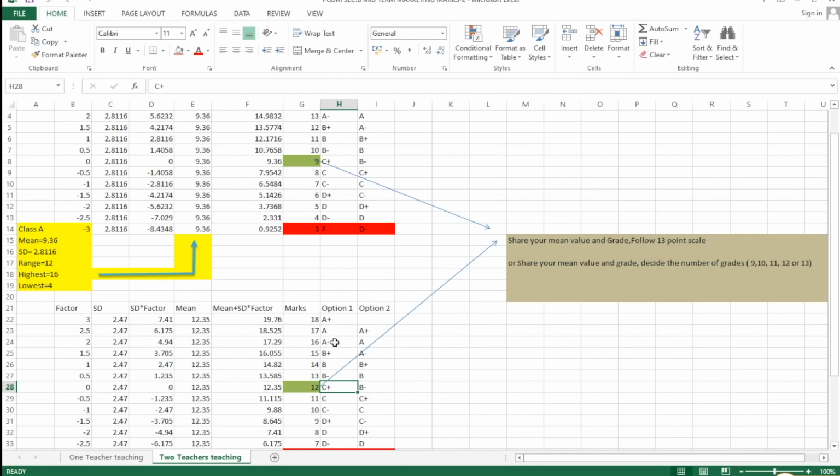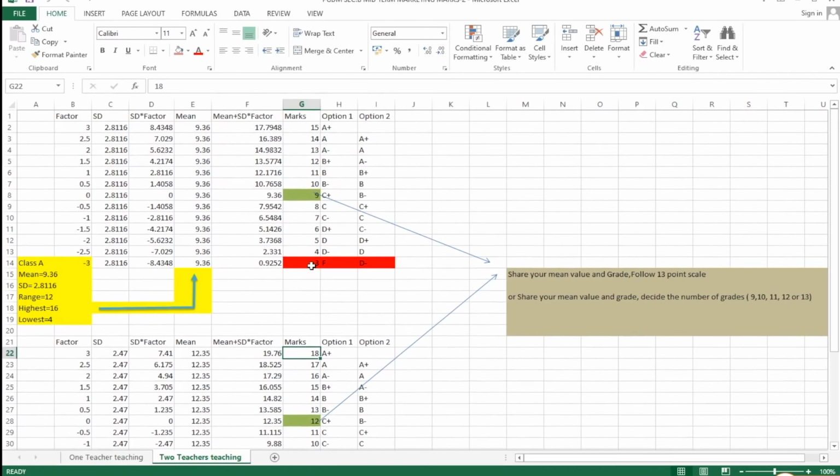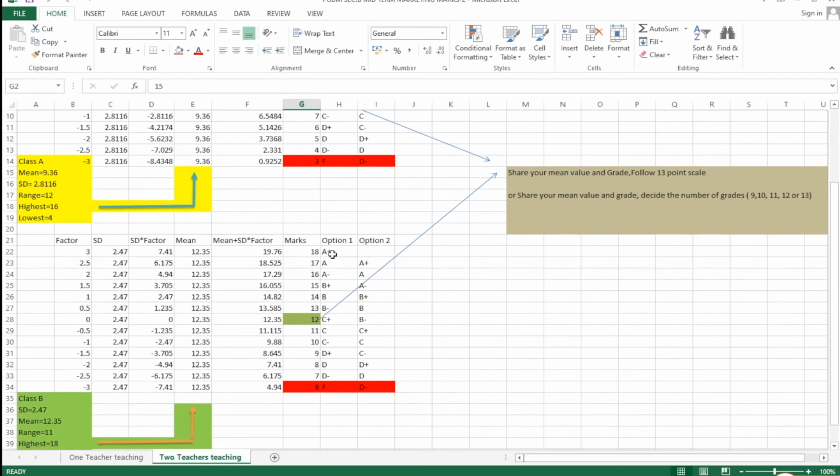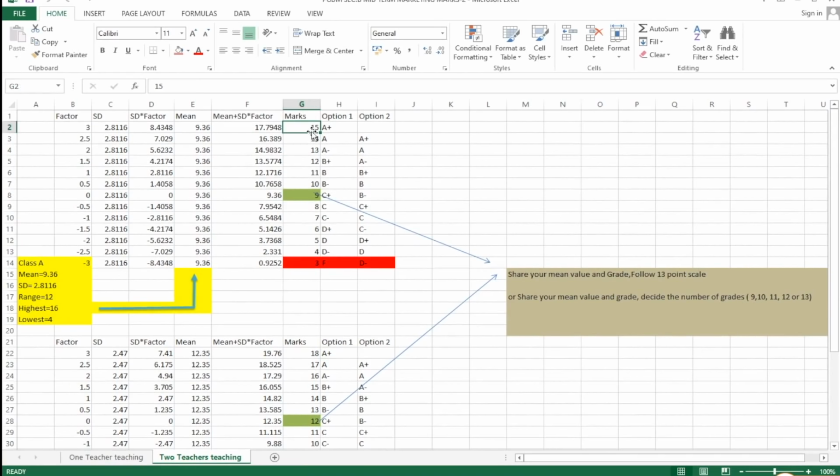So what happens is, in class B, the higher grade will start from 18, whereas in class A, the higher grade has started from 15. So even if this teacher is lenient, we have created a situation where he will be able to give a higher grade only at higher marks. A student who is scoring 18 and above will get A plus, whereas in the other class, a student scoring 15 will get A plus.